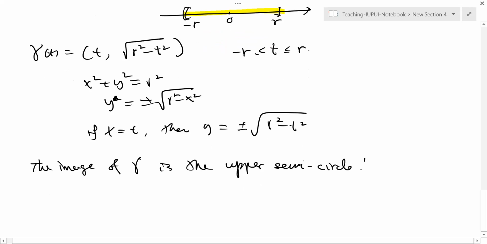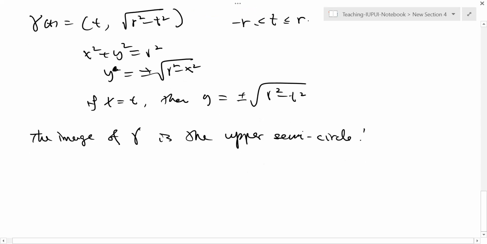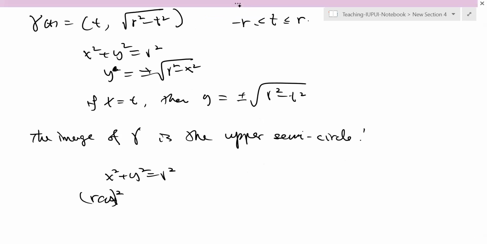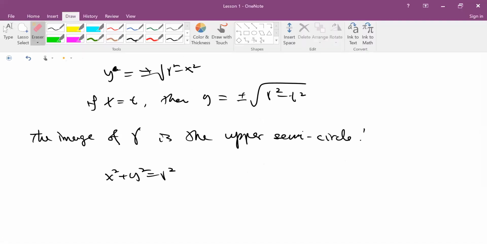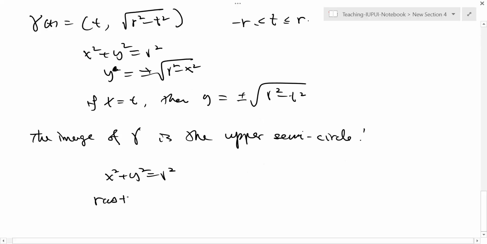Now, is there any other natural parameterization? Yeah, we can find another one. Because x squared plus y squared equals r squared, right? We also know that cosine squared t plus sine squared t equals 1. So r cosine t squared plus r sine t squared equals r squared.